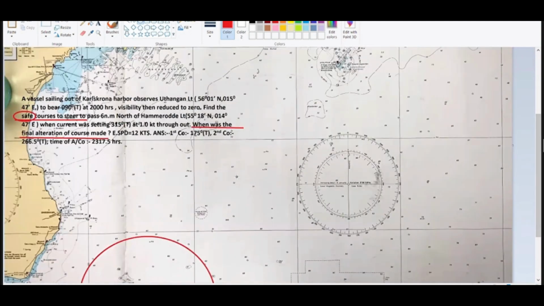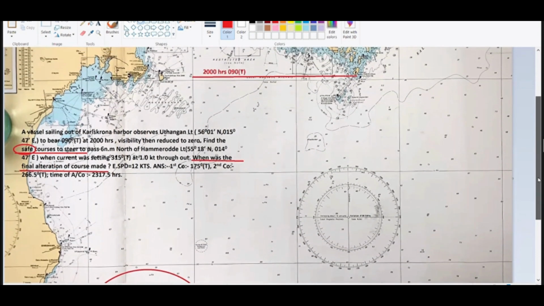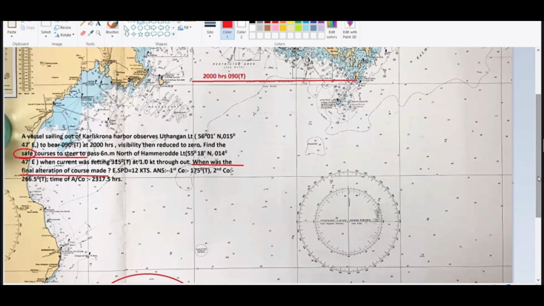See that, read the question. A vessel sailing out of Karlskrona harbor observes Uthangan light bearing 090. Only one bearing is given. No distance, nothing, no position. And then it is telling visibility then reduced to 0.